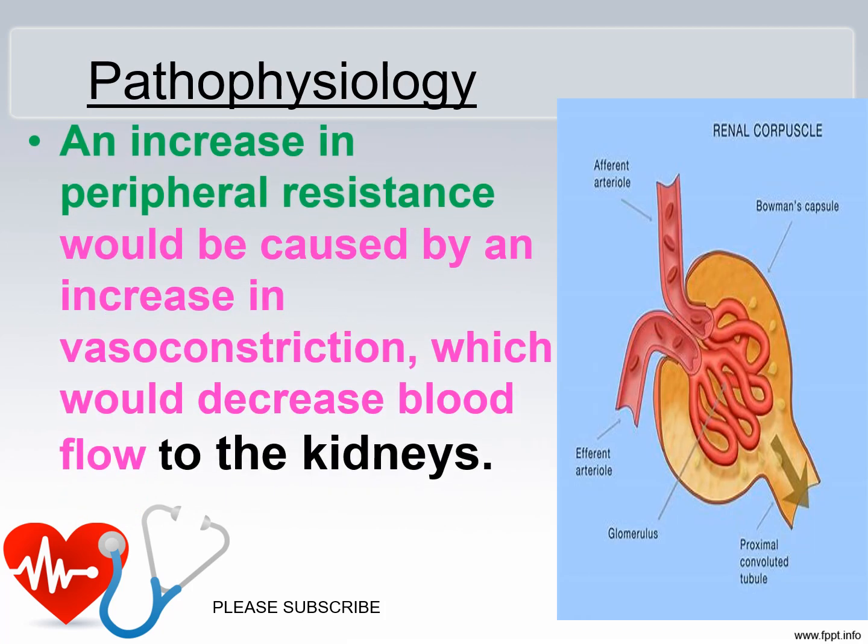So an increase in peripheral resistance would be caused by an increase in vasoconstriction, which could decrease blood flow to the kidneys. Now, if you look at this nephron, this is the glomerulus and the glomerulus capsule. And then you have the afferent arteriole bringing blood to the nephron. Now, we are saying if there is vasoconstriction, it will decrease blood flow to the kidneys. How does this happen?